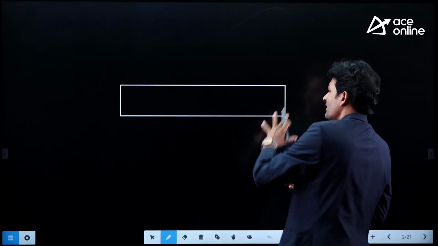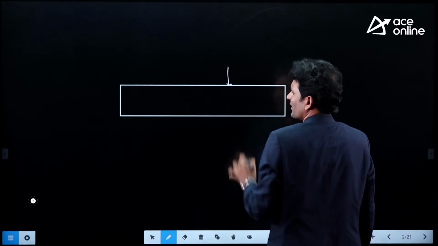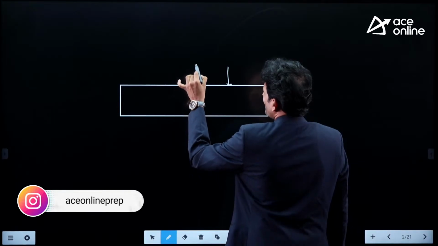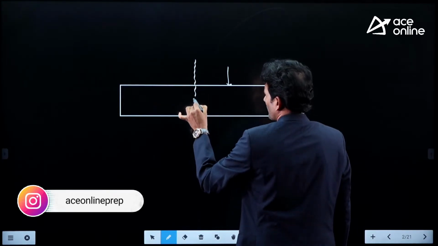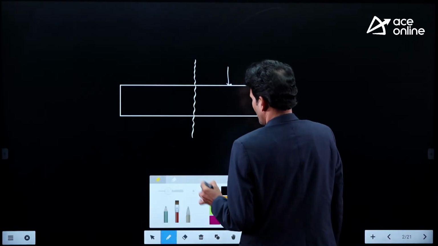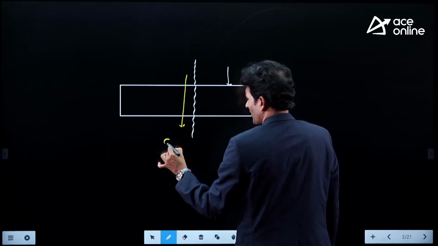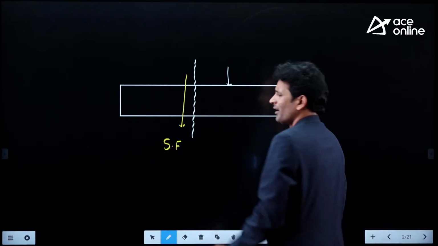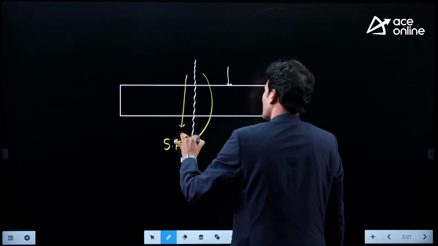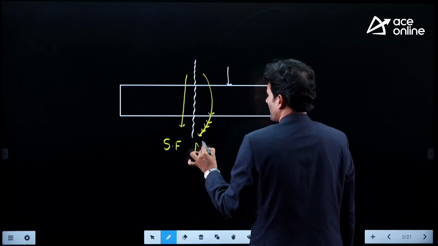For example, when we apply the load on the beam, to maintain the equilibrium condition, some kind of internal resistive forces are going to be generated. One force, if you observe, acts parallel to the cross section, which we call a shear force. And the second one gives the moment effect, that is nothing but bending moment.